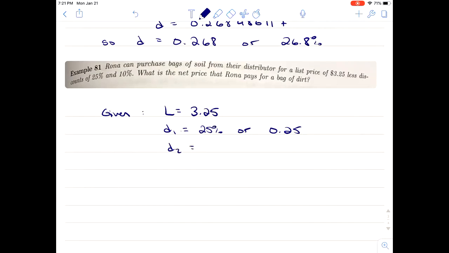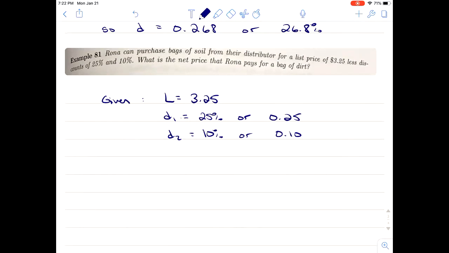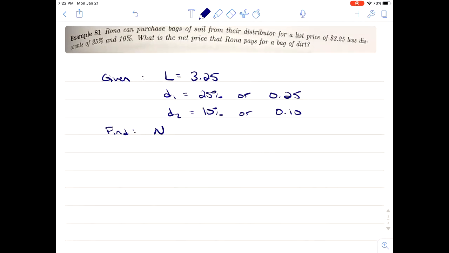And then the second discount is 10% or 0.1. We want to find the net price. What is the net price that Rona pays for a bag of dirt? So we want to find N.